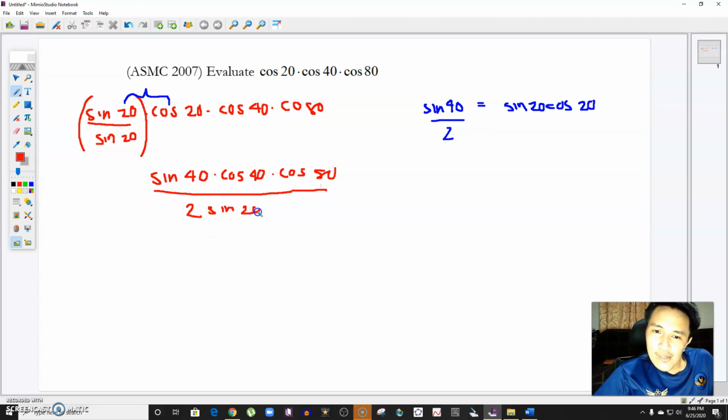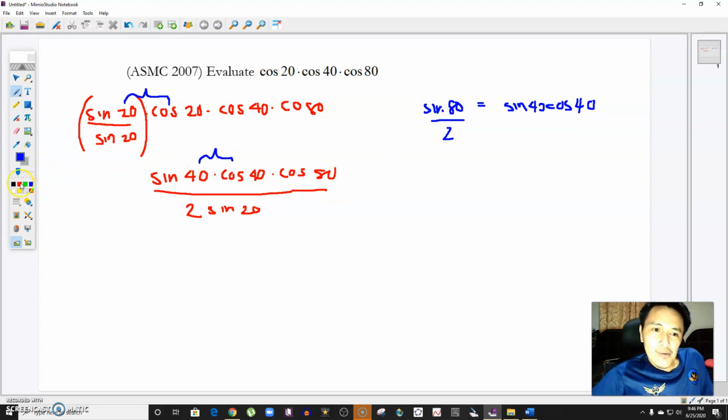There you go. Now the same thing is true for these two factors. If I replace 20 with 40, sine 40 times cosine 40 is equal to sine 80 over 2.